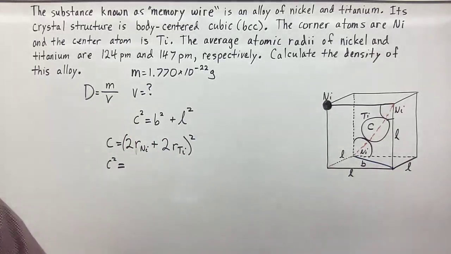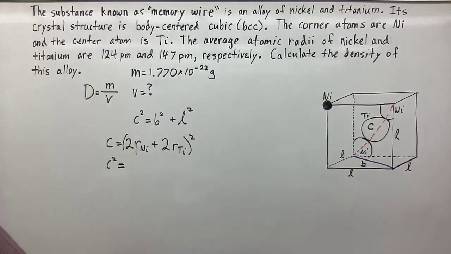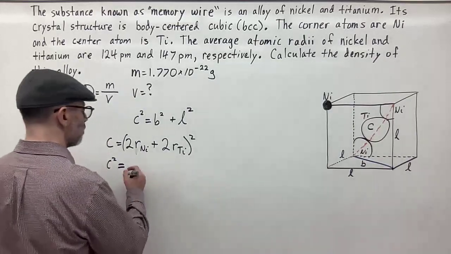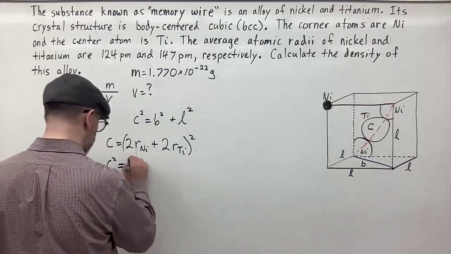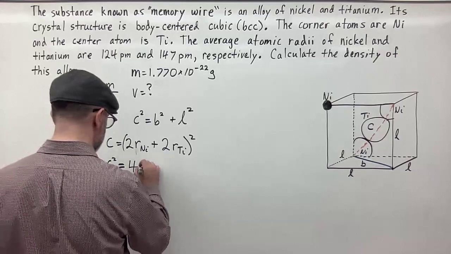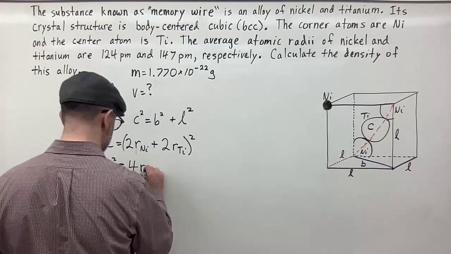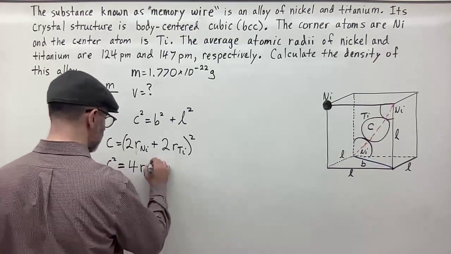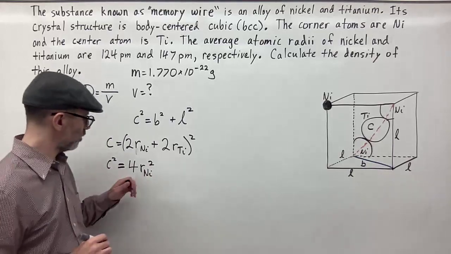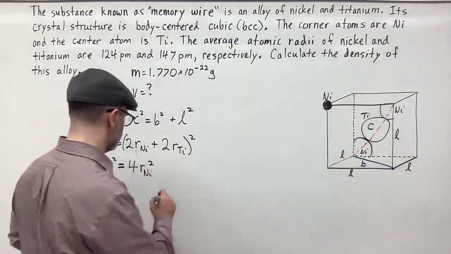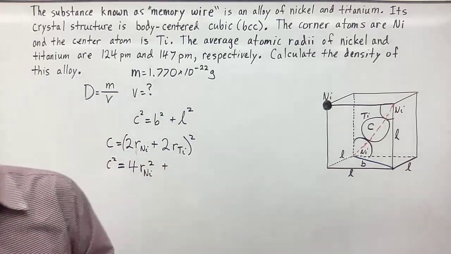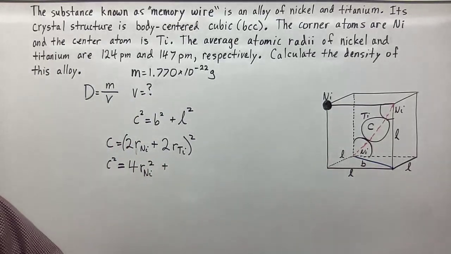So if you square that, you get, let's see, 4 times the radius of the nickel squared, plus, where'd it go?